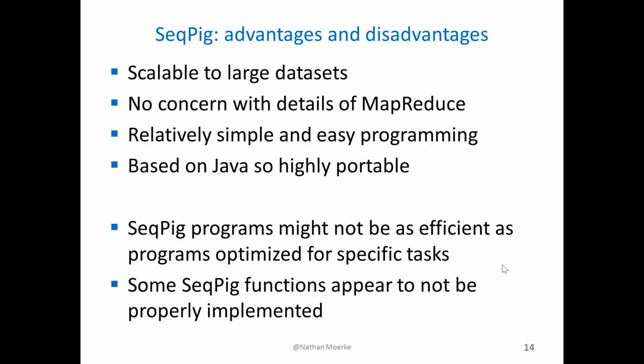And furthermore, in the process of running this demo and testing out SeqPig, I found that some of its functions aren't properly implemented. For example, when trying to use one of the loading functions for the FASTA DNA sequence format, which is a very common format used in a lot of databases, I found that I could load in the data, but that the sequences weren't being properly represented on the Hadoop file system.